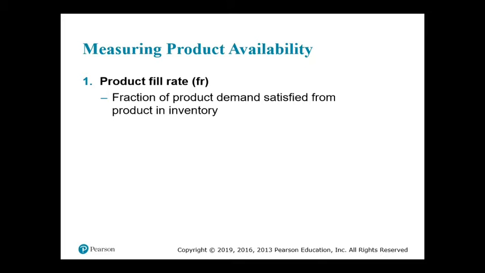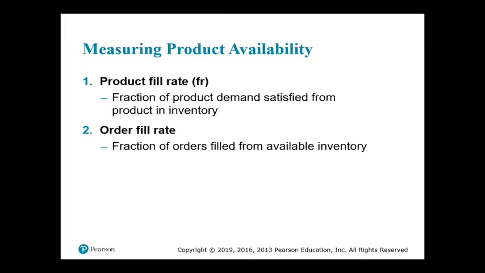That means my fill rate is going to be 90%, right? Assuming that I only have one type of product, one type of inventory. So this is product fill rate, defined by each individual product.